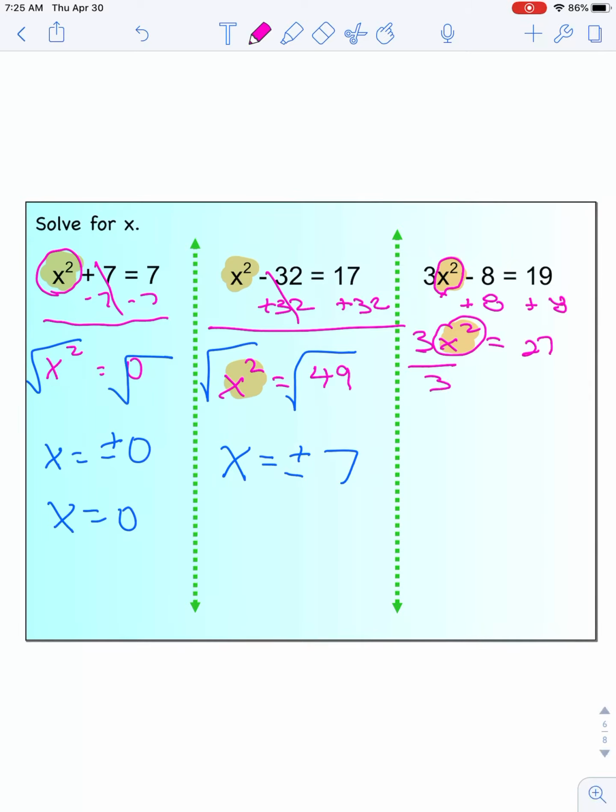So I'm still going to have to divide by 3. Now I get x squared equals 9. Now I have what is squared all by itself. So now I can take the square root of each side, and so I get x equals 3, but also negative 3, because negative 3 times negative 3 is also 9.